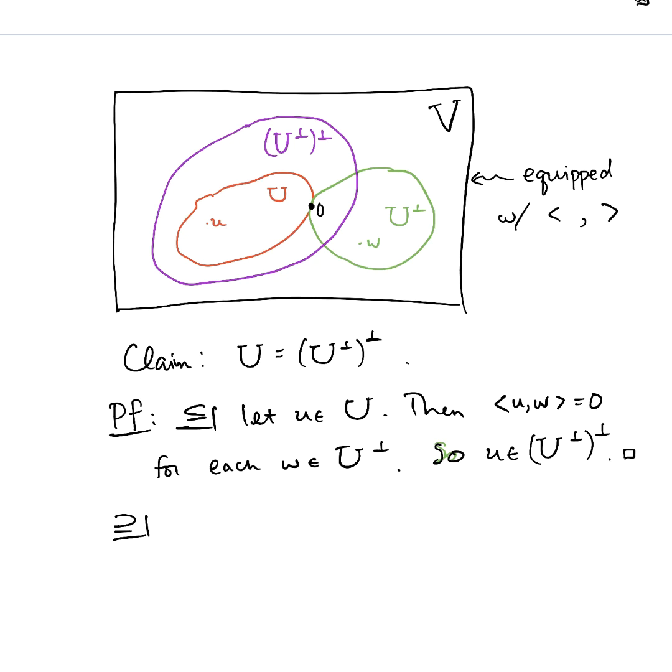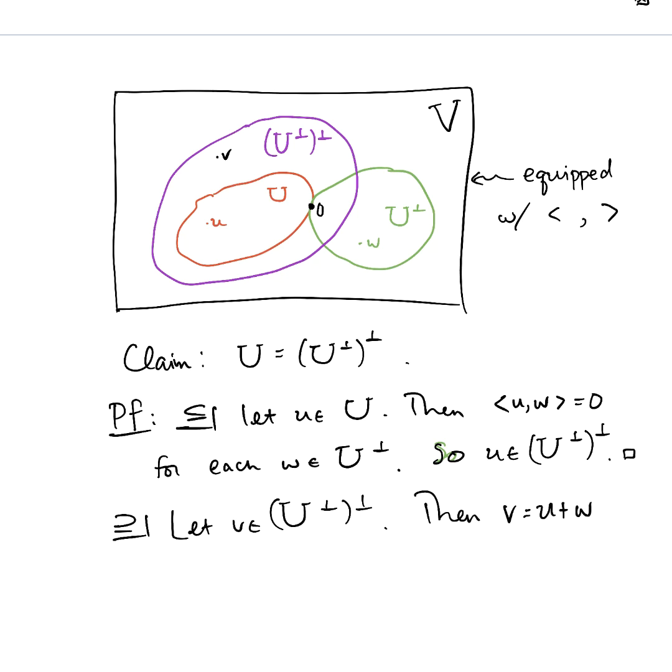Okay, so here's what we'll do. Let's take an arbitrary object in U perp perp, call it, say, V. Let V belong to U perp perp. Okay, so there's V. Now, the previous result of this video tells us that big V is the direct sum of the red and the green, which means V can be written as something from the red plus something from the green.